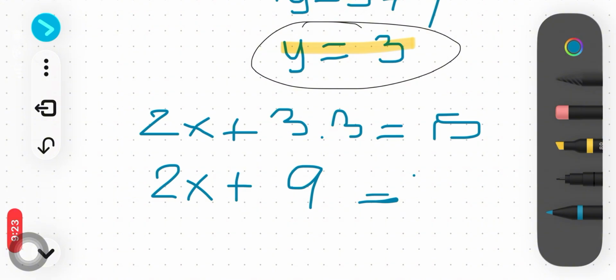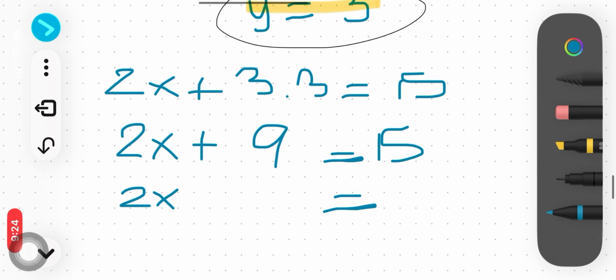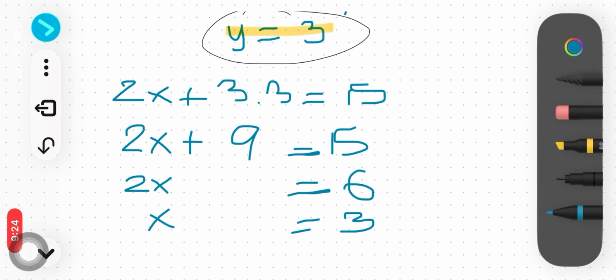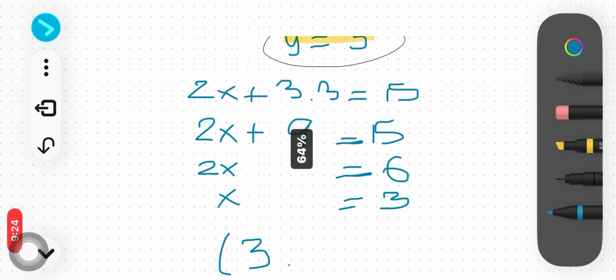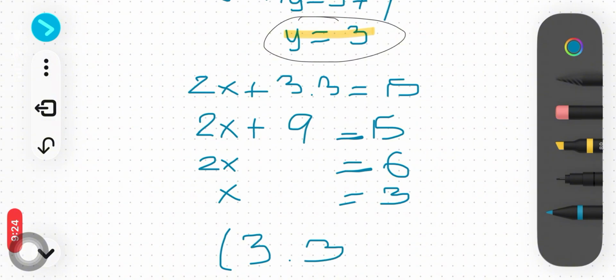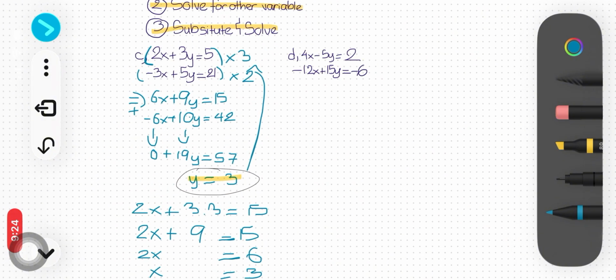Then 2x plus 9 equal 15. 2x equal 6. And we have x equal 3. After all, we have 3 and 3 for these equations. We just solve it.